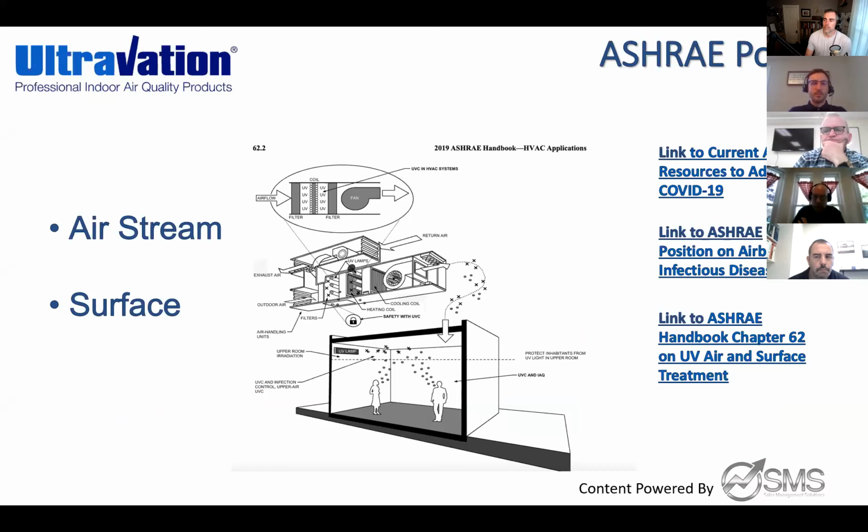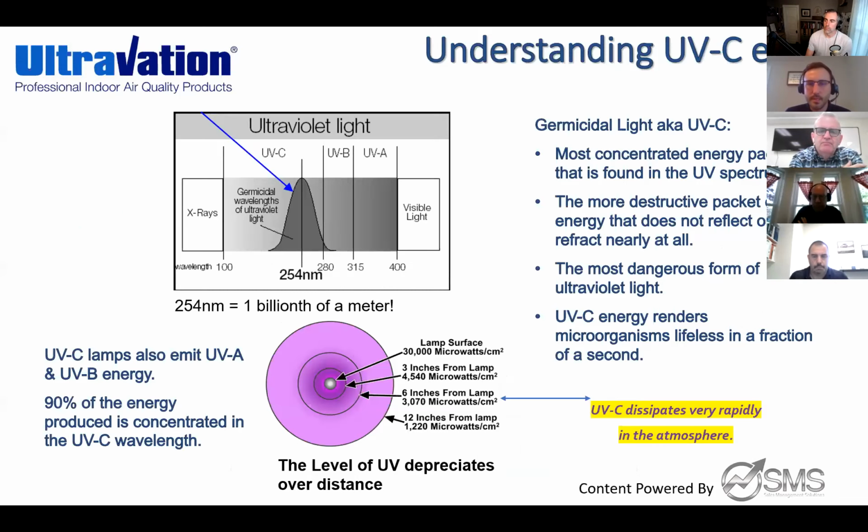So that's what we are going to heavily concentrate on today. Ultravation does have other technologies that do not have UVGI technology in them, but we are not going to concentrate on those today. We're just going to concentrate on the UVC lamps that produce UVGI technology. We'll go ahead and jump to the next.